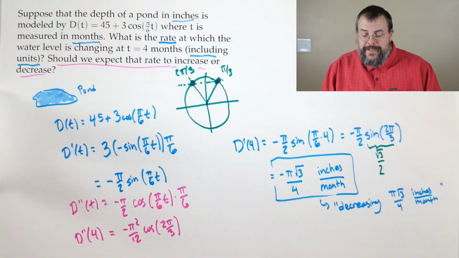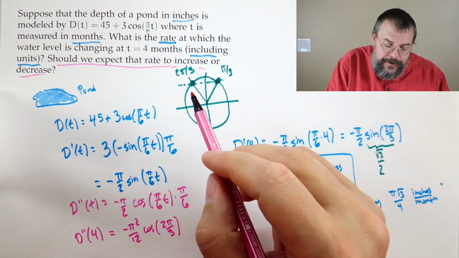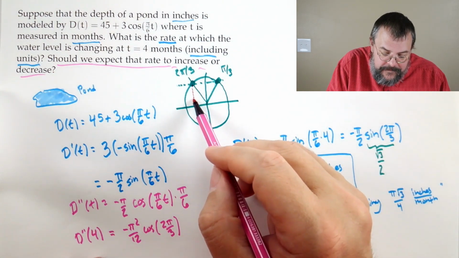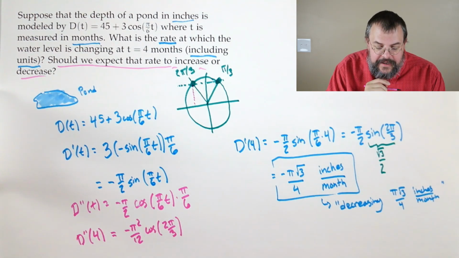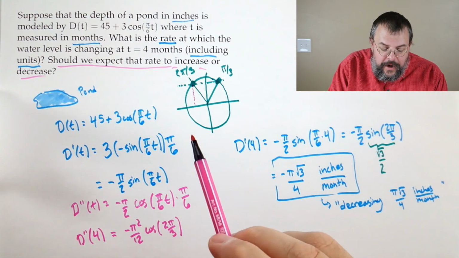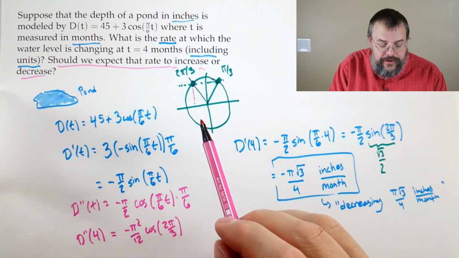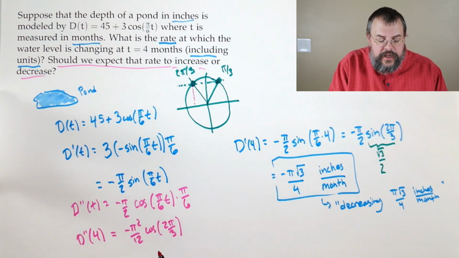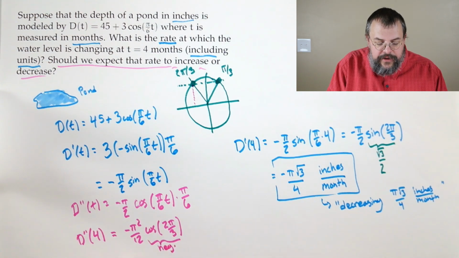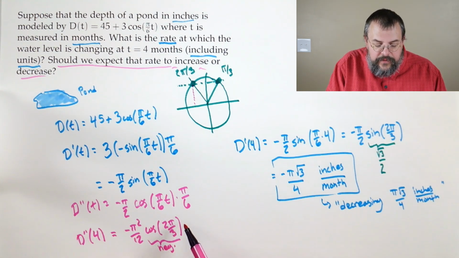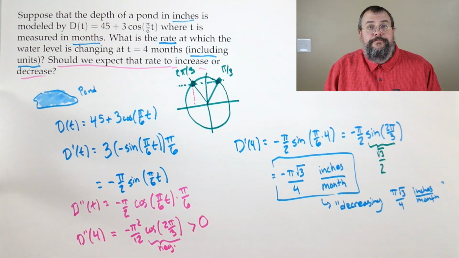Okay, so what's happening here? Our cosine is our x value. So cosine of 2 pi thirds, this part right here, is a negative value. Okay, so a negative times a negative means that the second derivative at 4 is a positive value.